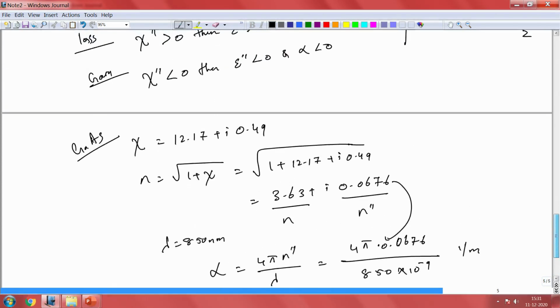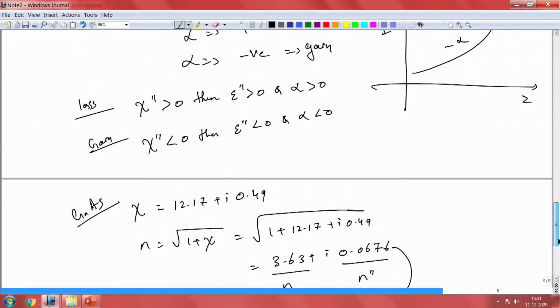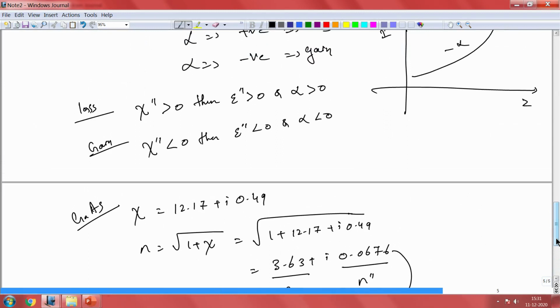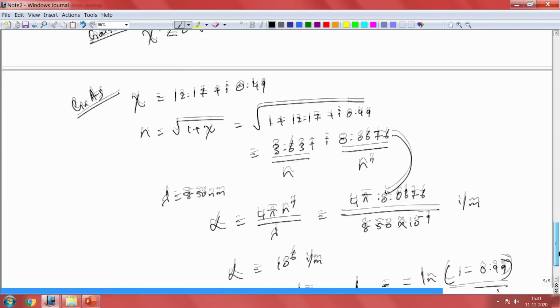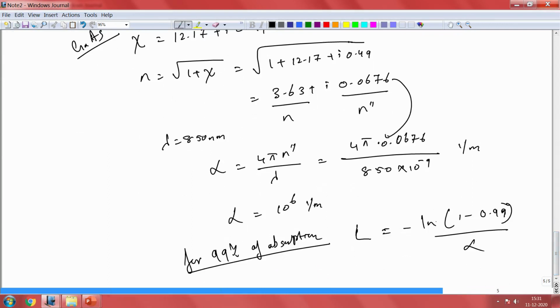So, this is how one can use the knowledge of the complex refractive index to calculate how much light one could absorb inside the medium. And the same thing could be used for amplification as well. All you have to do is change the sign. If you change the sign, instead of absorption you will get generation of photons, so you will see amplification.